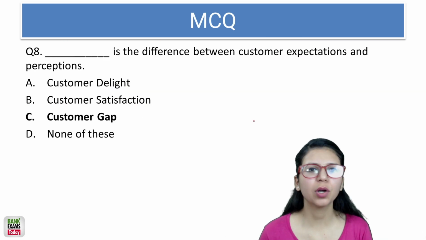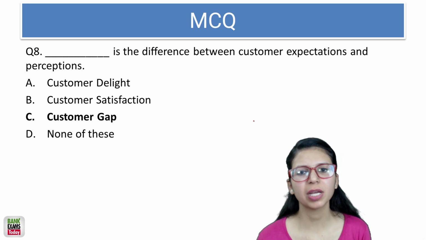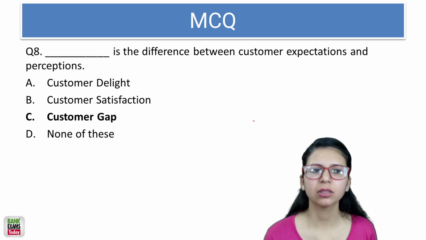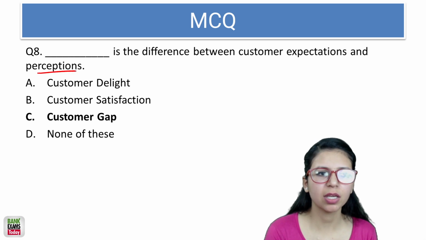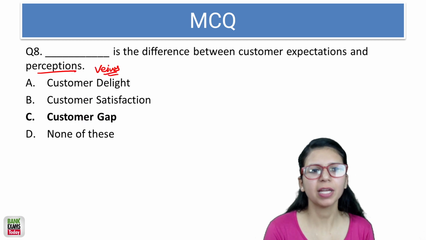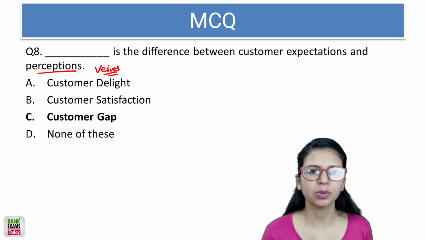Okay, let's move on to the eighth question. A dash is the difference between what the customer expects and what the customer perceives, the customer's views. Whatever the customer expects, versus whatever the customer's views are, that is what the customer gap is.